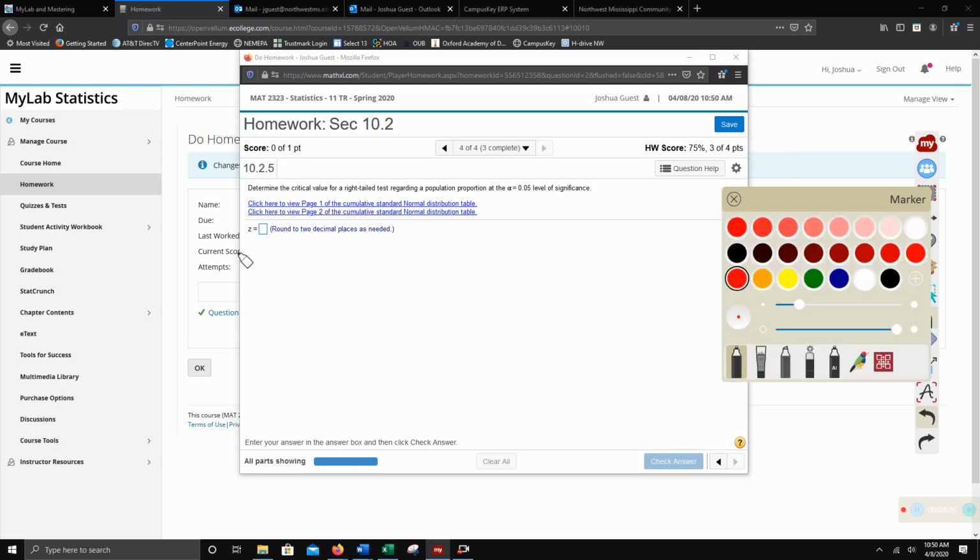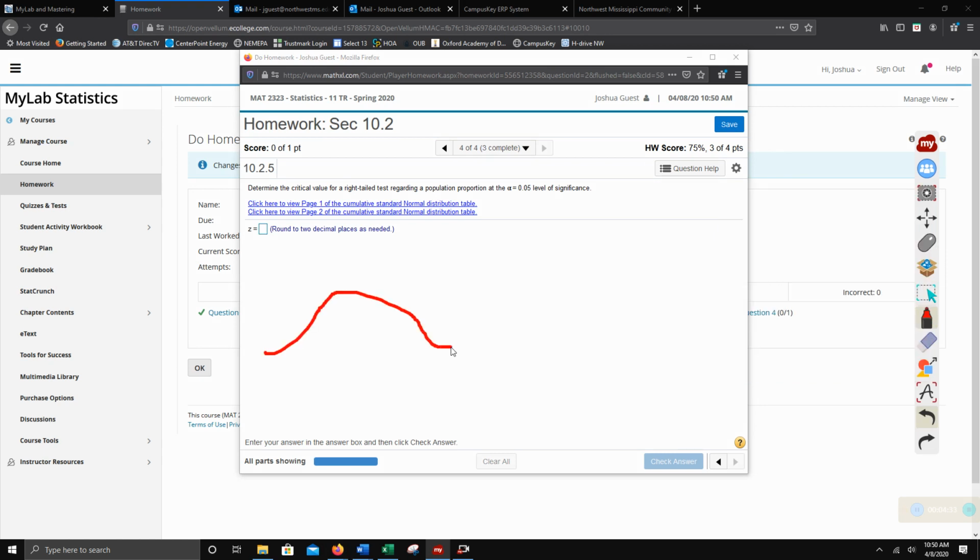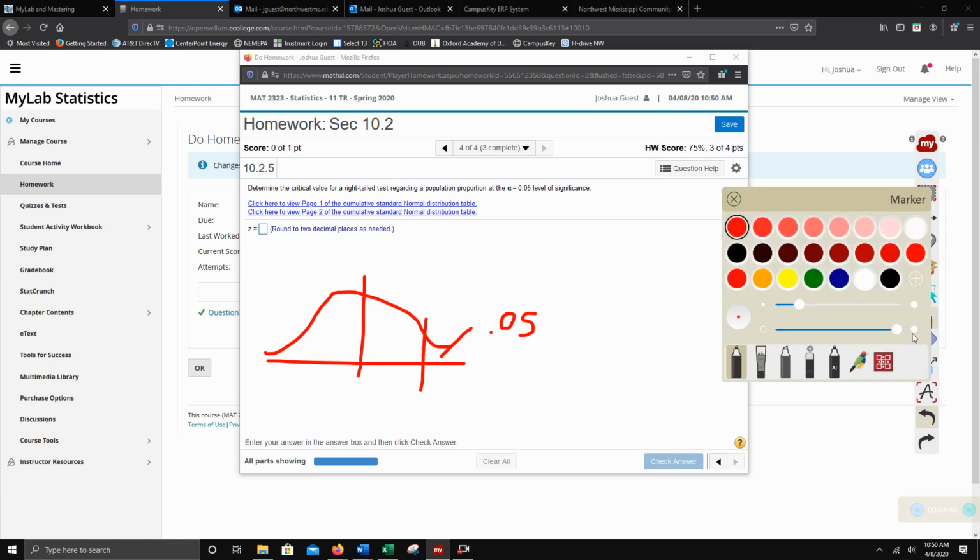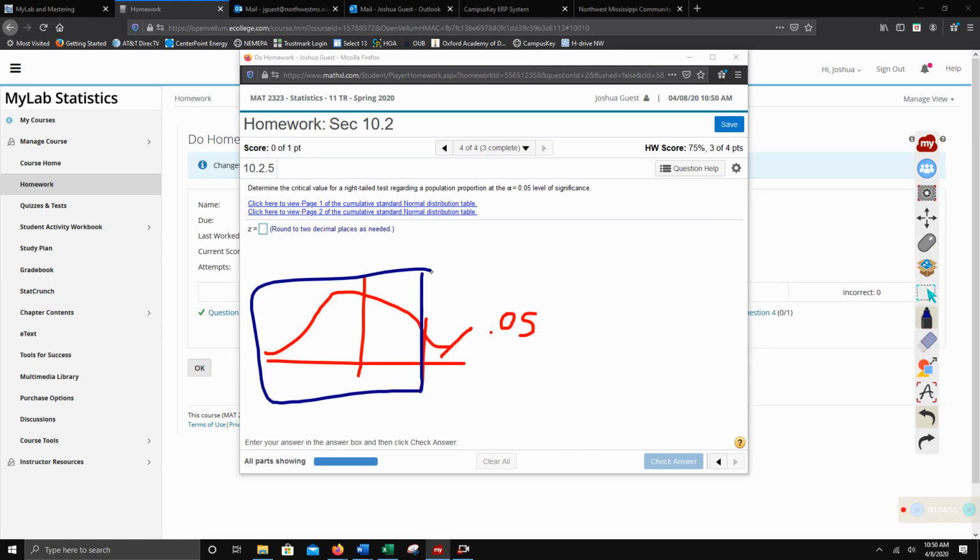And so we have red here. We're going to say, okay, here's my normal curve, and now we have this over here, and this little area is 0.05. That little area there is 0.05. So if that's the case, then all of this area over here is 1 minus 0.05, and really it doesn't ever stop on this side, it keeps going forever. So that's going to be 0.95.